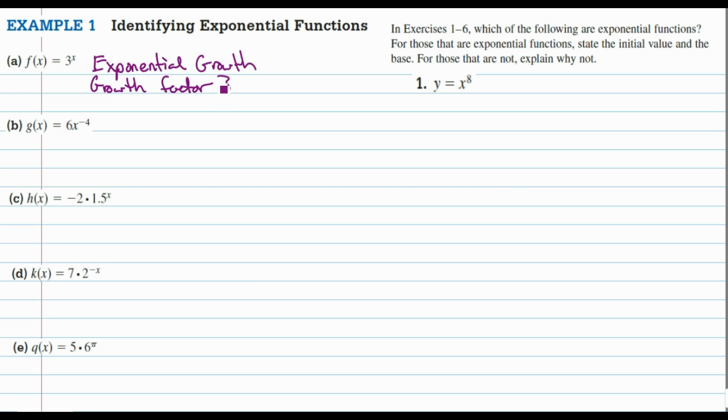Now that doesn't mean that it is growing by 300%. It means that its rate of growth is actually 200%. We'll learn a little bit more about that in the next section. Its growth factor is 3, meaning that tomorrow you'll have 300% of what you have today. So in other words, you have 100% of everything you have today plus 200% more. So it's growing by 200%.